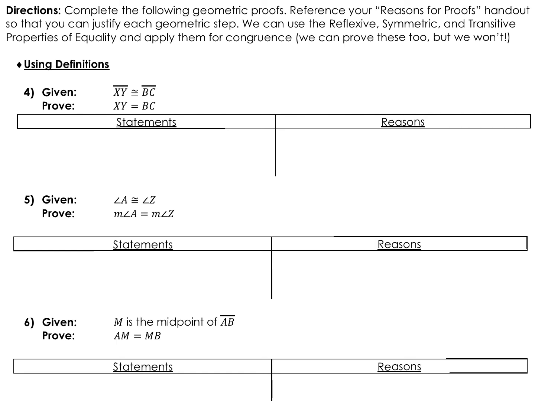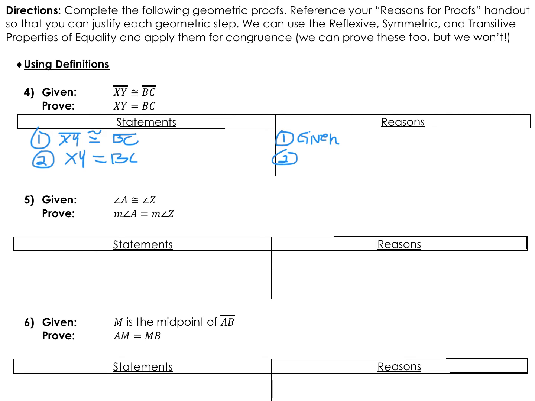So 100% of the time, your very first statement is your given. So segment XY is congruent to segment BC. And your reason, 100% of the time, was given. Then we're going to go directly to the proof statement in this one. We're changing our notation from the distance from X to Y is exactly equal to the distance from B to C. And our reason is the definition of congruent segments, but I like to write it so it looks like this.